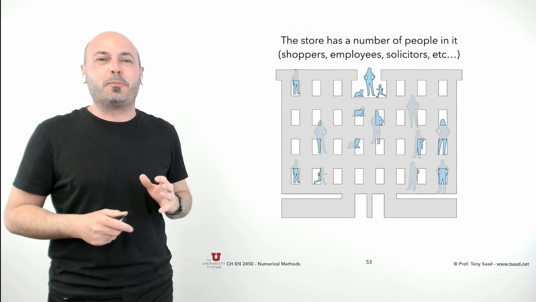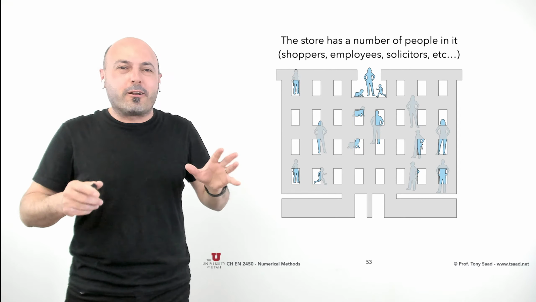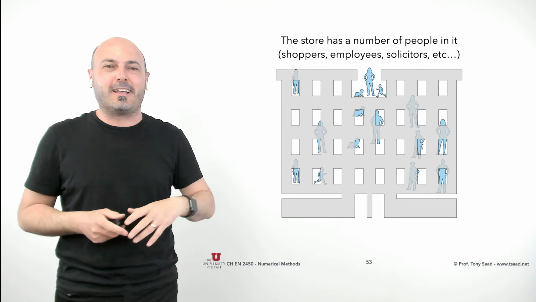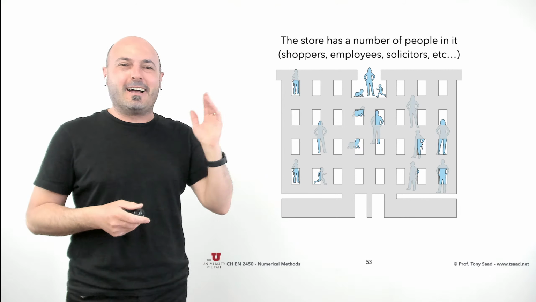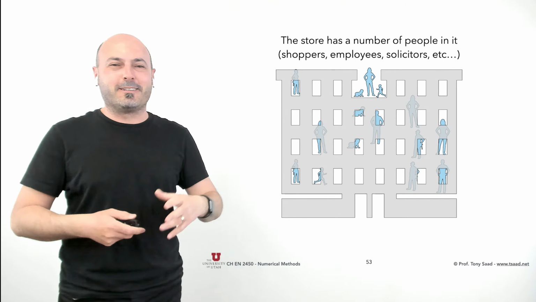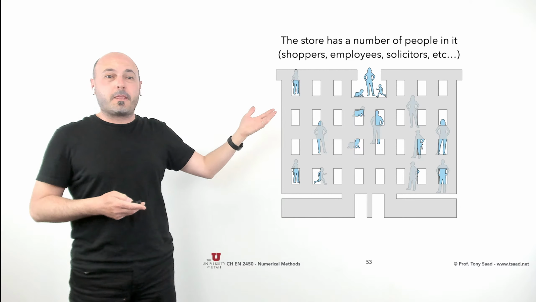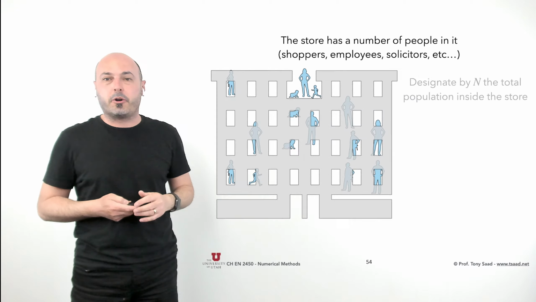If you go to the fashion place in Sandy, there's always someone at those little kiosks trying to sell you something, like, I will fix your phone, I'll fix your glasses, a wristband. I always like to chat with those people just to see what they're trying to sell. But anyway, at any point, there is a number of people in the department store.